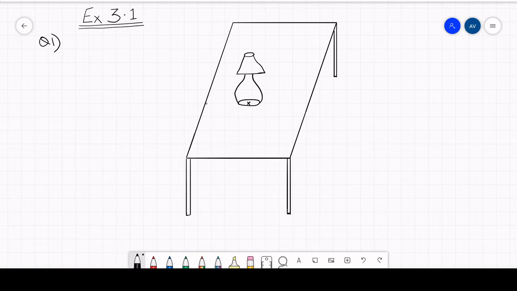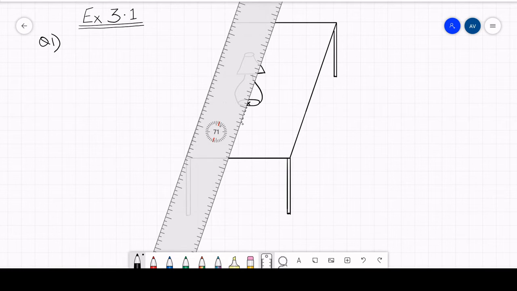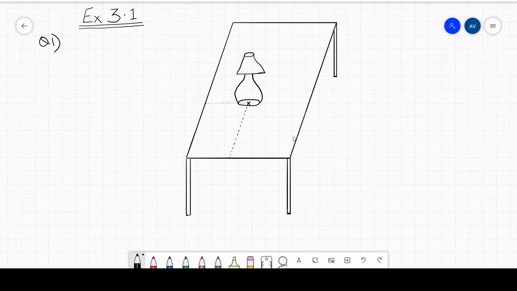So I'm obviously going to say that this lamp is a horizontal distance from the longer side of the table, and it's also a vertical distance from the base or the shorter side of the table, right?